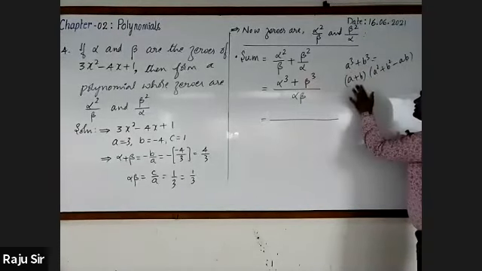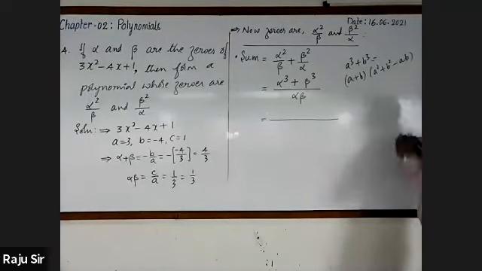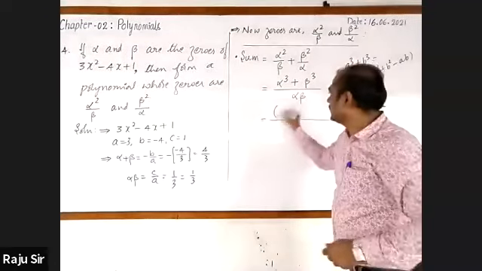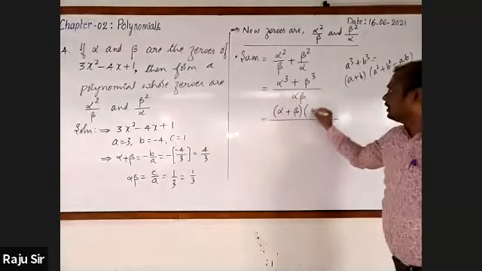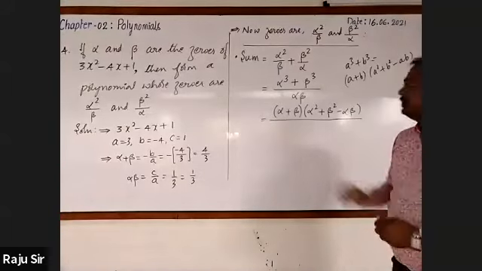This can be written as a plus b into a square plus b square minus ab. Now it can be written as alpha plus beta into alpha square plus beta square minus alpha beta, divided by alpha beta.